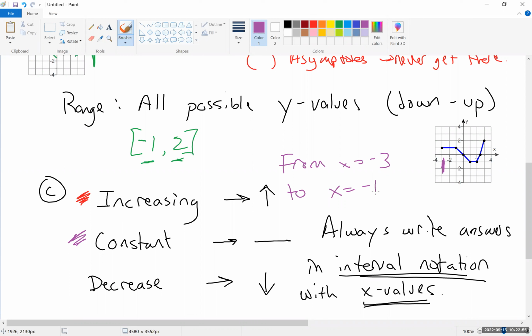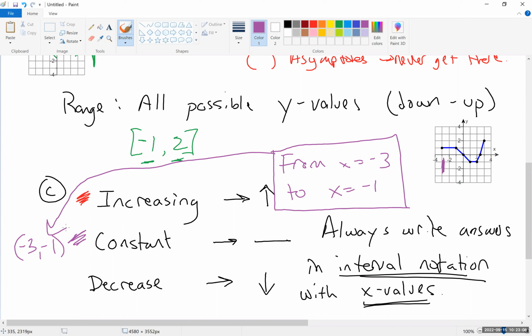The graph is constant. The way that we're going to write that is in interval notation, -3 to -1. And what does this mean? It means just this. From X equals -3 to X equals -1, the graph is constant. All right, we'll do decreasing, which comes up next. So then as we go to the right on the graph, the Y value goes down.